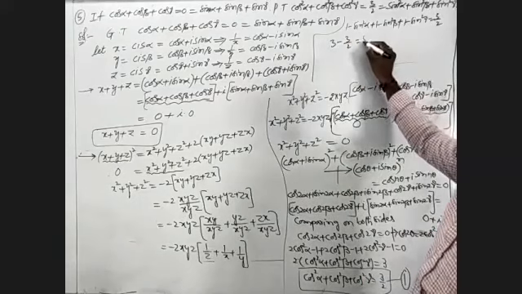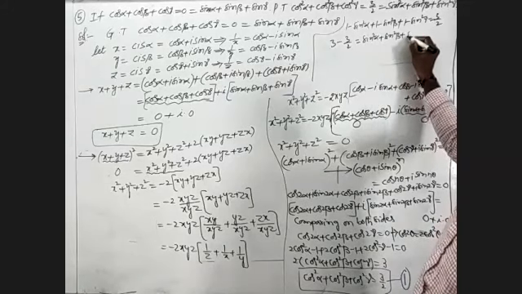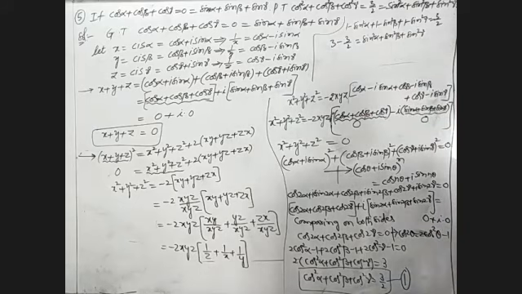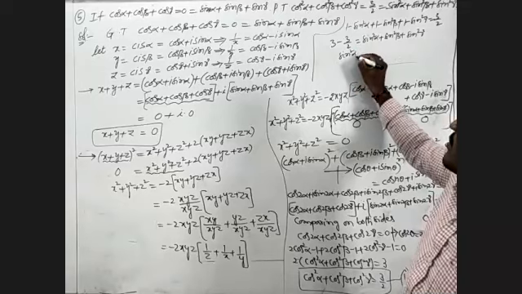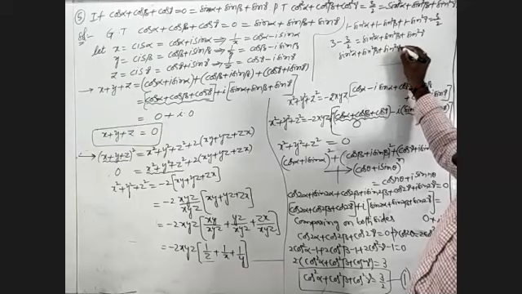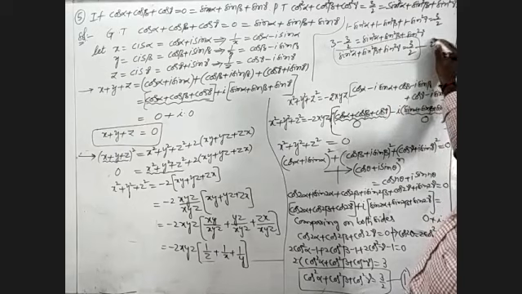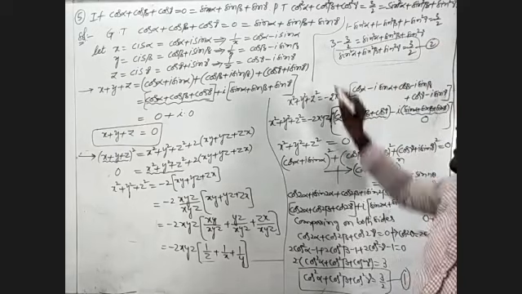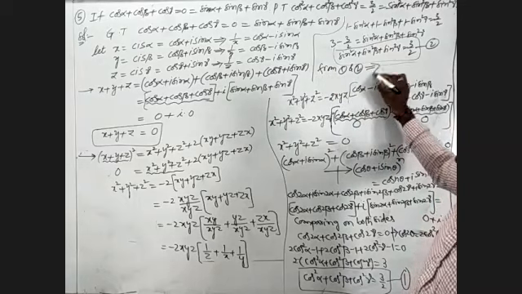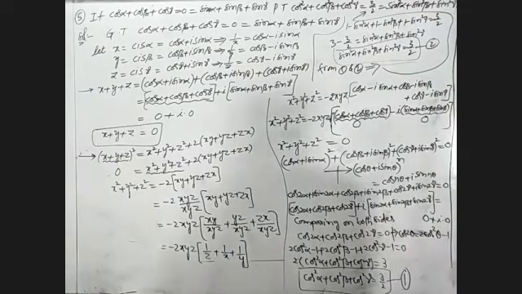So sin square alpha plus sin square beta plus sin square gamma equals 3 minus 3 by 2, which is 3 by 2. This is equation 2. From 1 and 2, we get the given result.